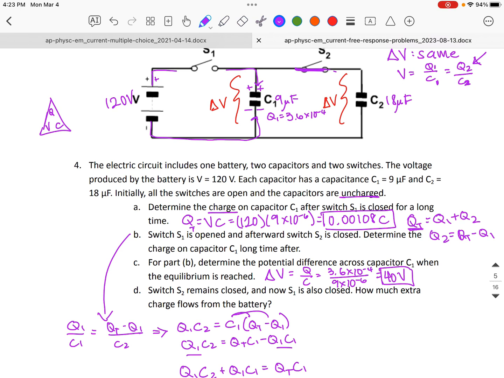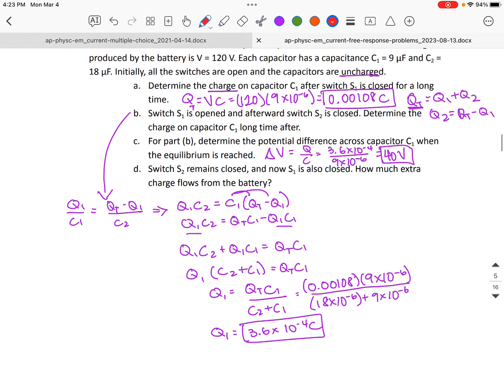Okay, so what we know here is that if this is equal to 40 volts, then this is also equal to 40 volts. And the last part, D, is if the switch remains closed and now S1 is also closed, how much extra charge flows from the battery?